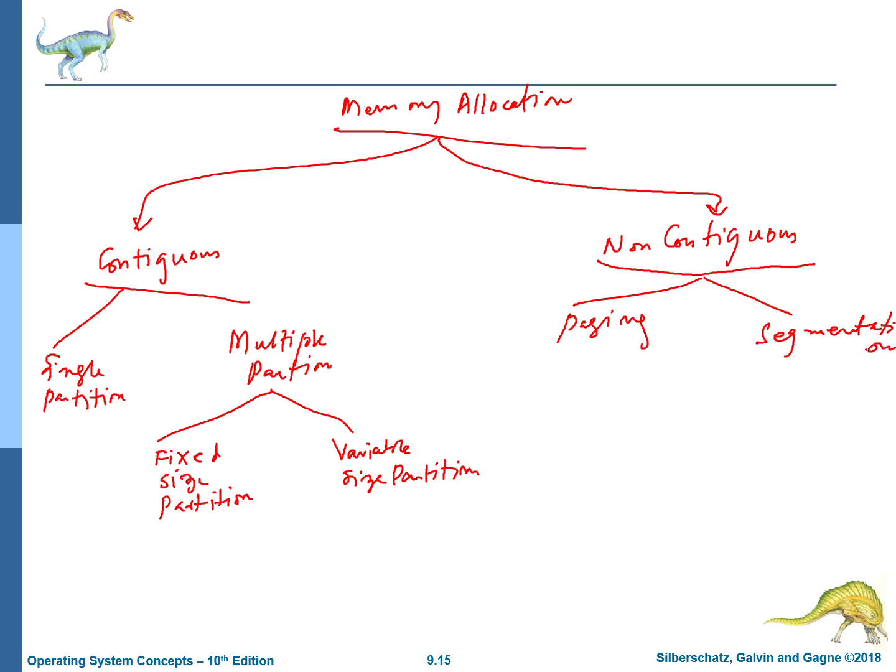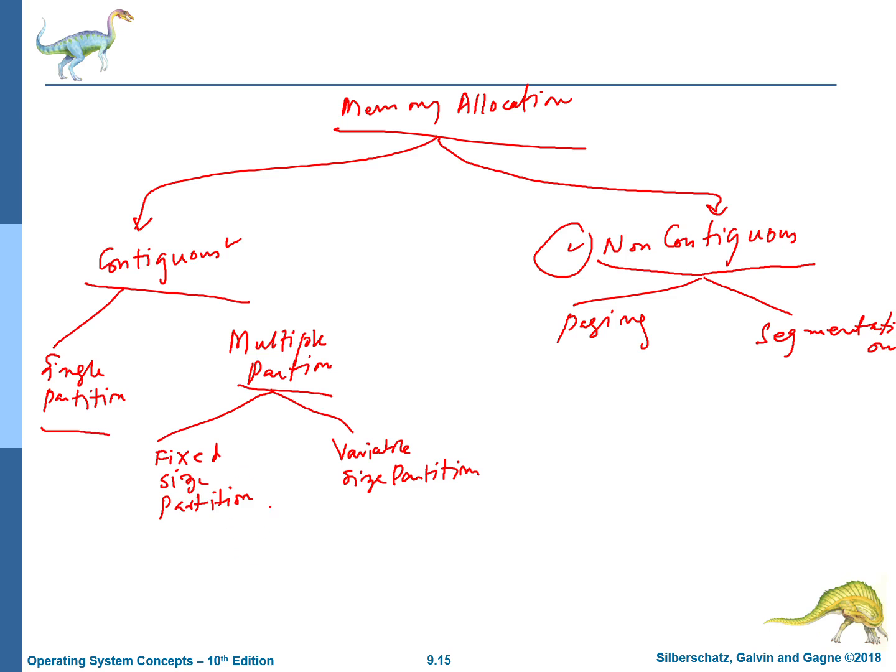Okay, segmentation. Right. So we'll be seeing these schemes, these two broad categories of memory allocation: the contiguous type and the non-contiguous type. Then in the contiguous, we will be seeing a single partition and then multiple partition, and inside multiple partition, we'll see the fixed size partition.